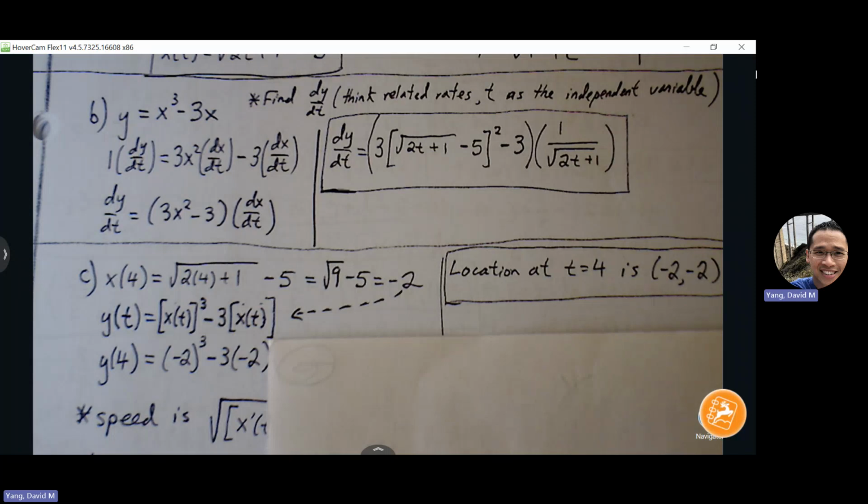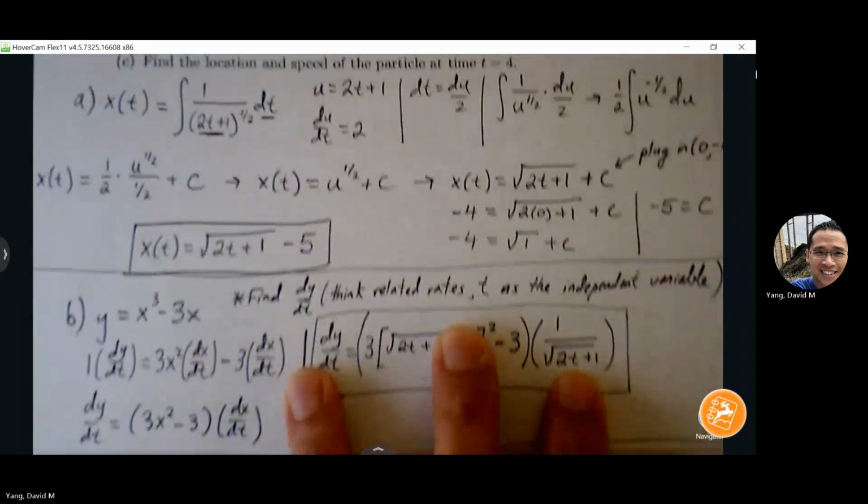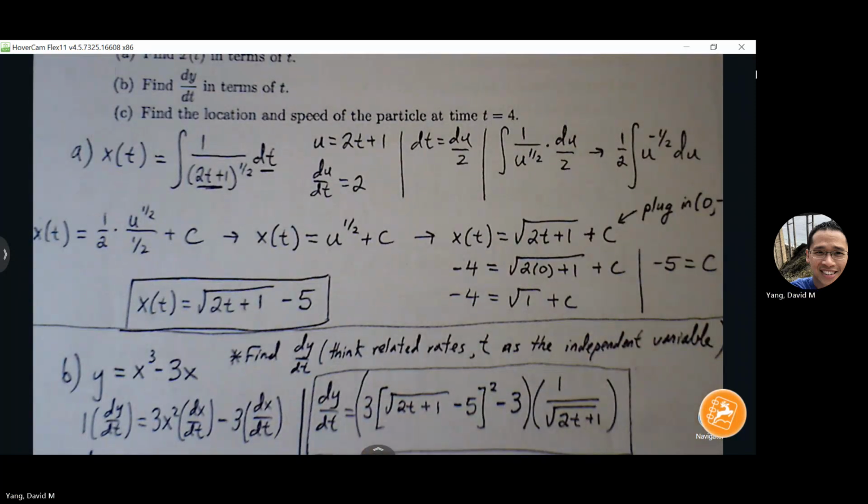All right, part C. Part C says find the location and the speed of the particle at time t equals 4. So location for x should be pretty straightforward. We can use the x of t, and then for y of t, we can build it from what we have.